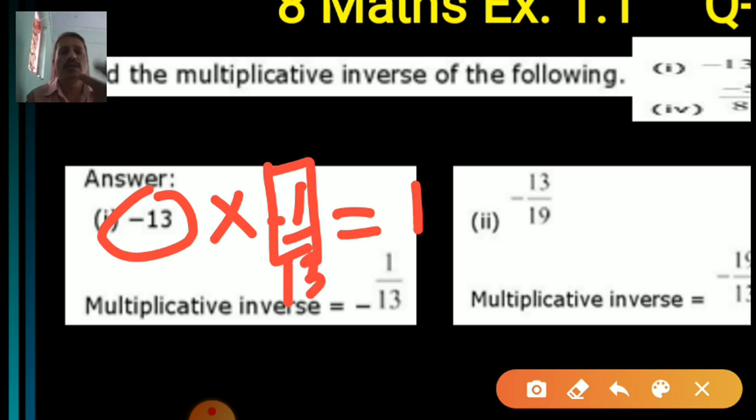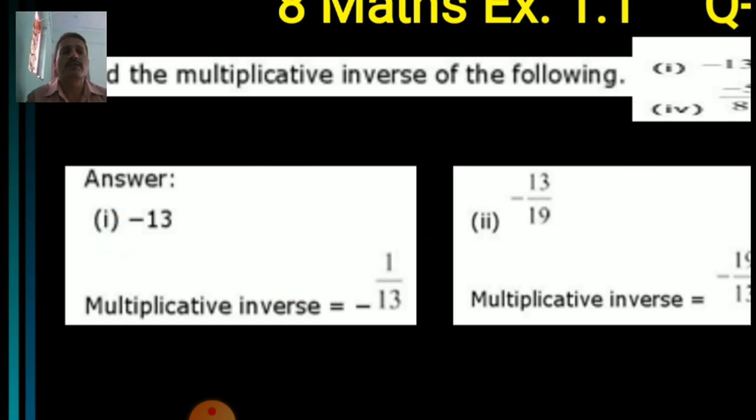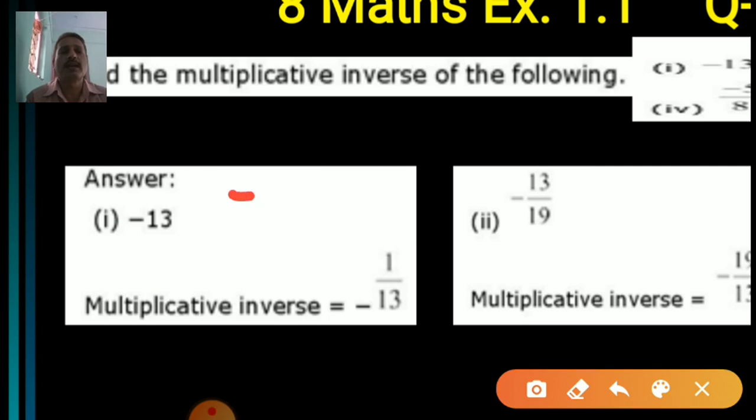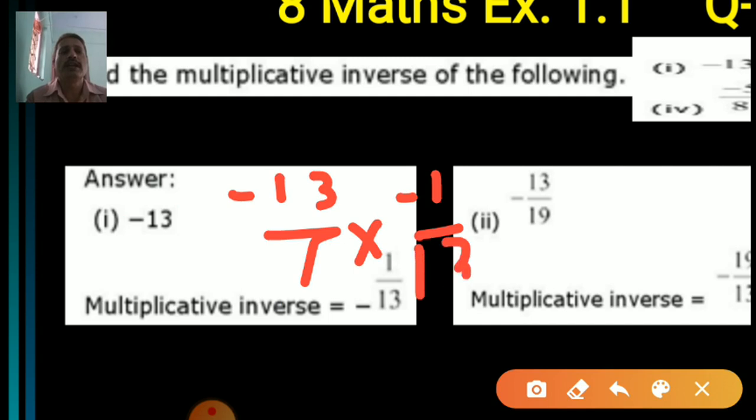Inverse means, student, upside down. So 13 is not alone, 13 upon 1 is there. Minus 13 upon 1. Okay. So if I multiply with minus 1 upon 13, that gives me 1.